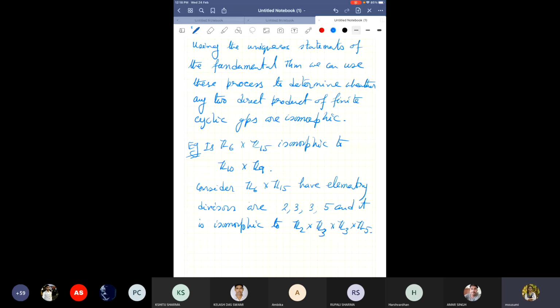Now let us consider the other one, Z10 cross Z9. What are the elementary divisors? 2, 5, 9, not 3, 3, since Z9 is present.